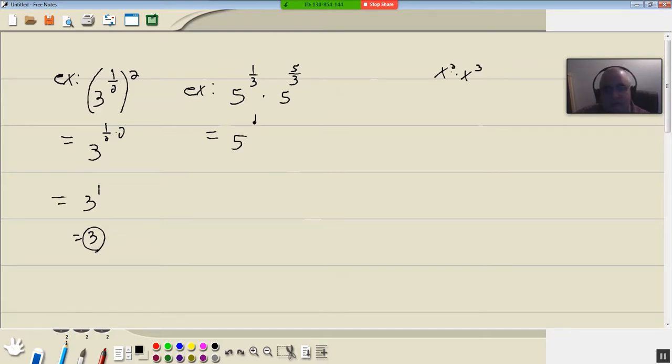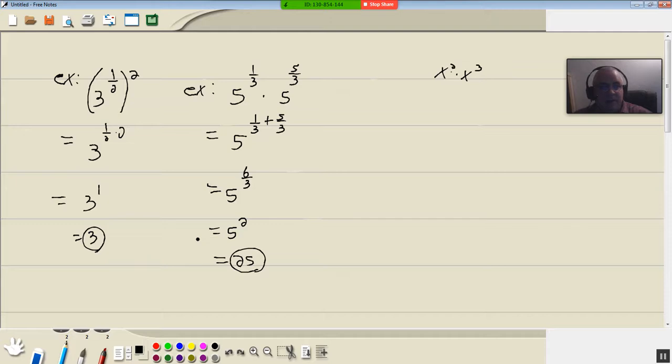So we're going to have 5 to the 1/3 plus 5/3. 1/3 plus 5/3 is 6/3. And 6 divided by 3 is 2. So that gives us 5 squared, which is 25. So the same properties that we saw before for exponents apply when they're fractions.